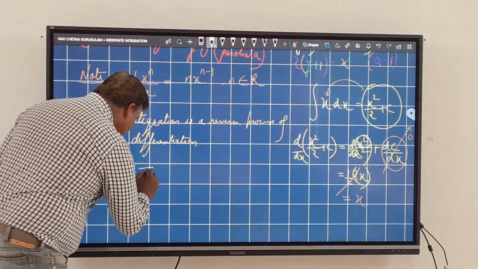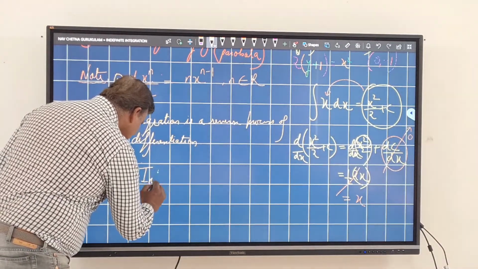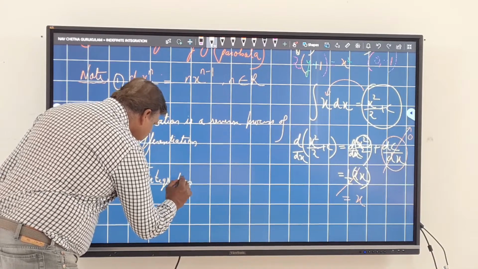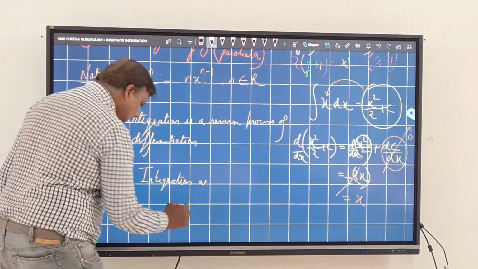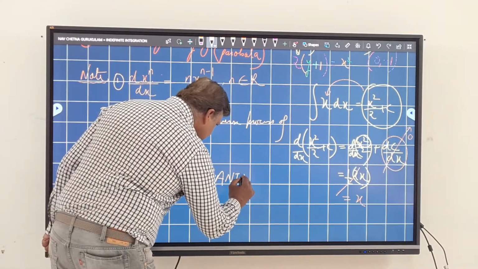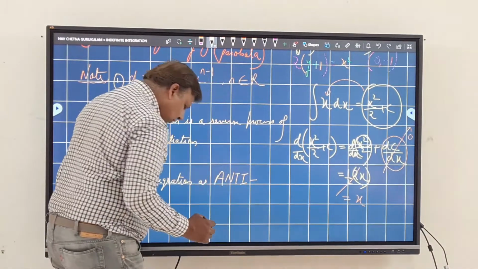So, integration as antiderivative. This I'll write in bold letters.